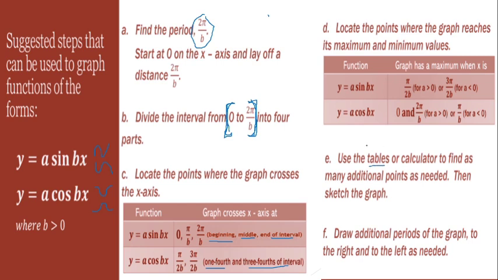Use the tables of values or a calculator to find as many additional points as needed. Then sketch the graph. Draw additional periods to the right and to the left as needed, but if that's too much trouble, you can skip it.